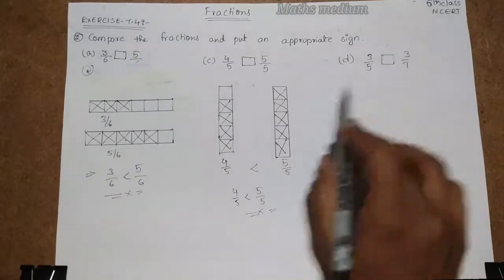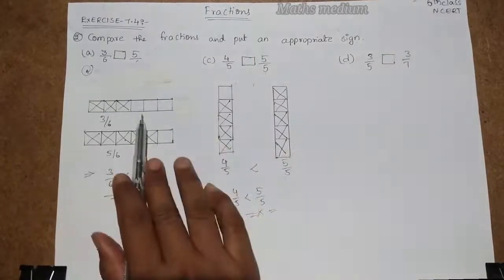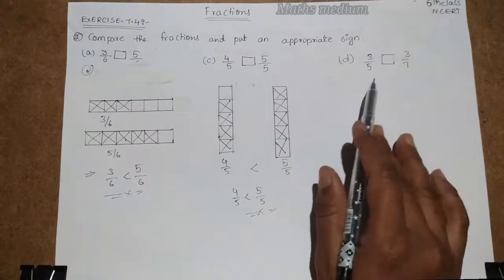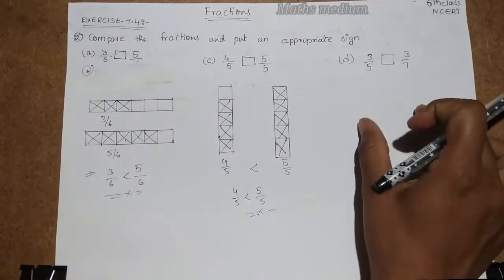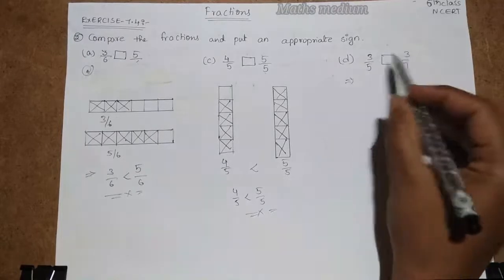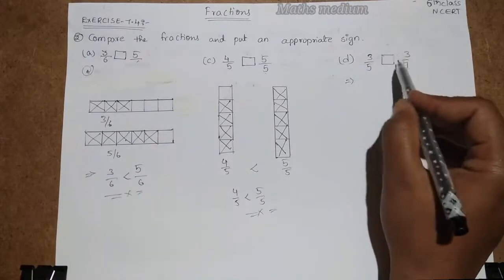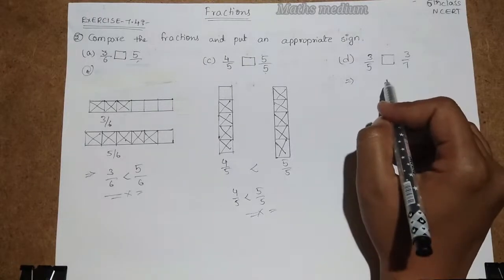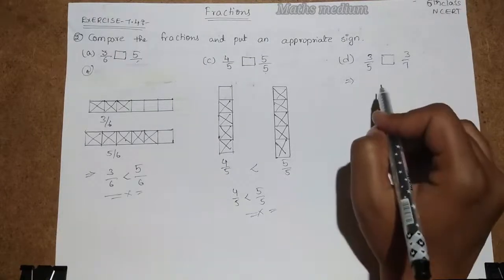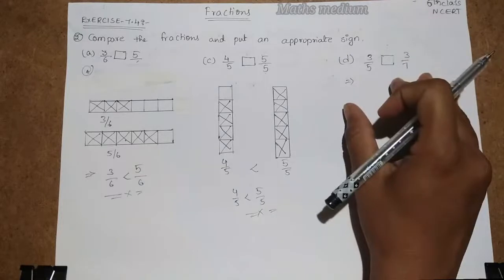Similarly, see here, this is like fraction and this is also like fraction. Then we will get the answer easily. But this is unlike fraction. Then how will we get the answer? If we compare, the numerators are not the same, right? It is unlike fraction. If you make these fractions into like fractions, then we will get a better understanding and a better exact answer.